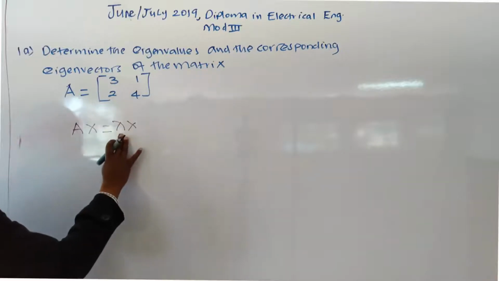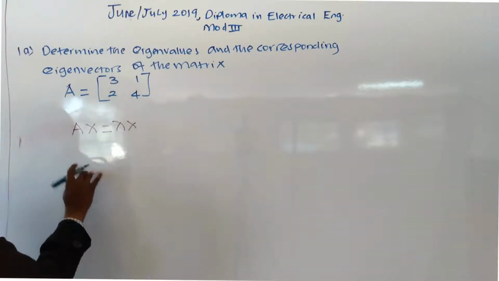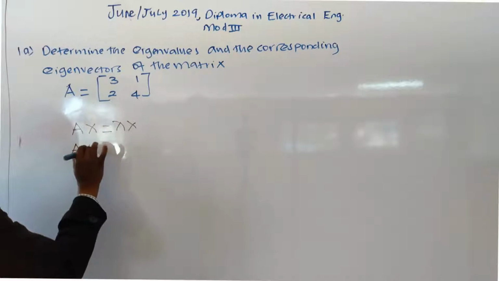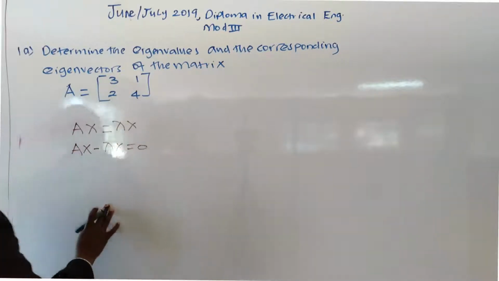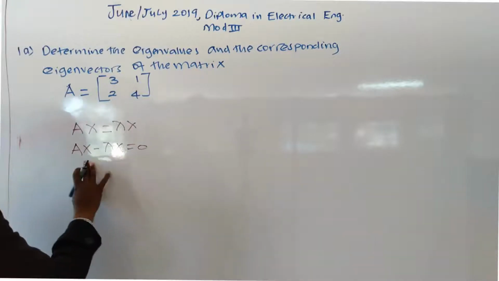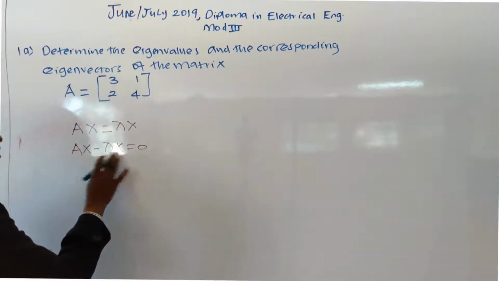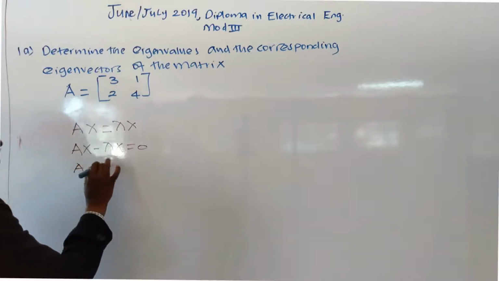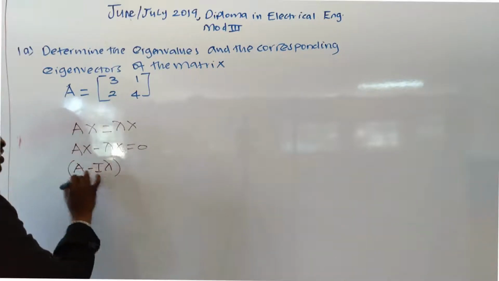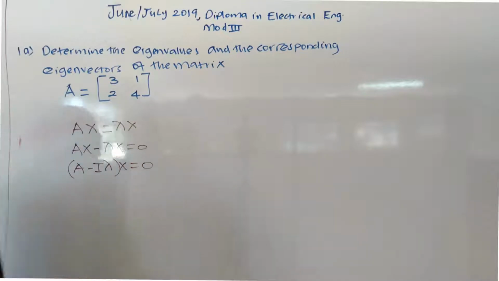If we take lambda X to the other side of the equation, we will have AX minus lambda X is equal to 0. If we now factor the column matrix X, we will have (A minus I lambda) X is equal to 0.